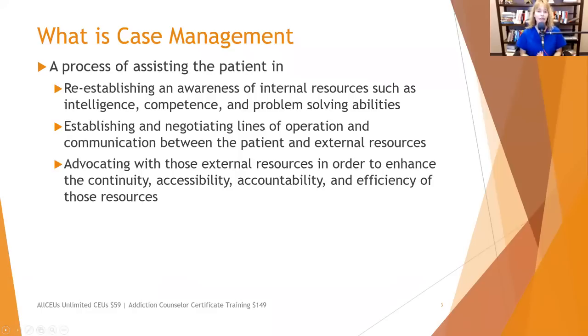And case managers advocate with those external resources in order to enhance the continuity, accessibility, accountability, and efficiency of those resources. I'll give you an example. When I was working in Florida, our clients, when they were getting ready for discharge, needed vocational services because a lot of them hadn't been employed for a while or were underemployed.